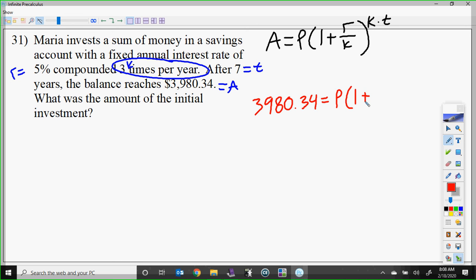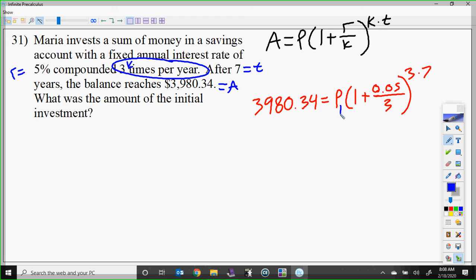Our P1 plus our R is 0.5. Oh, sorry, nope, 0.05. Over K, which is 3. Our K again is 3 times 7 years. Okay.